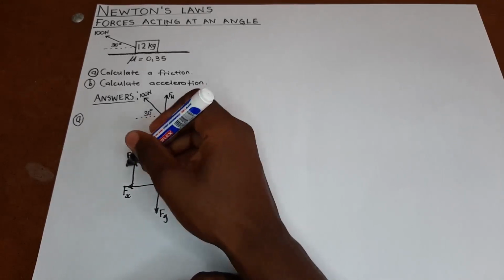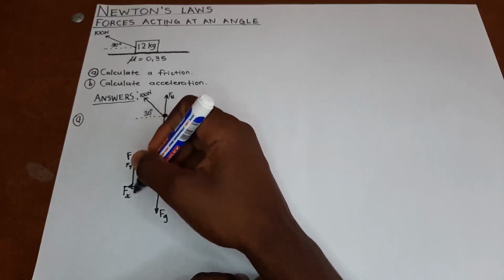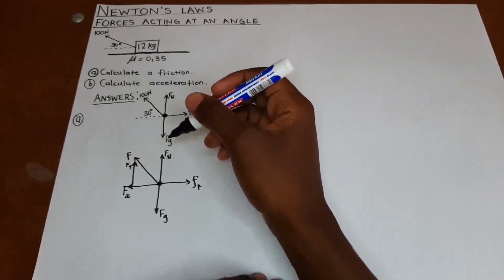This side is going to be our Fy, standing for the vertical motion of this object.